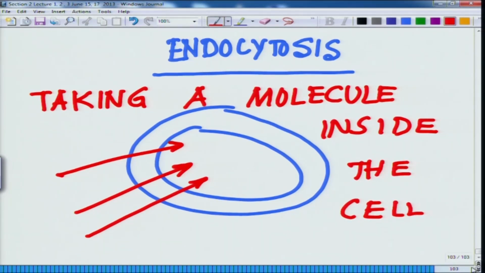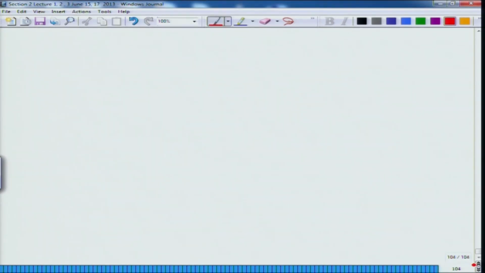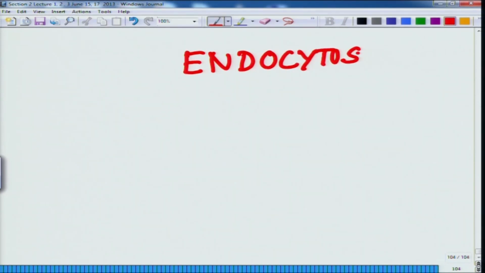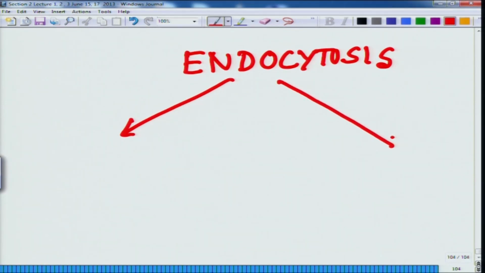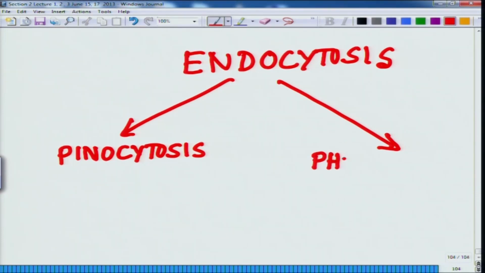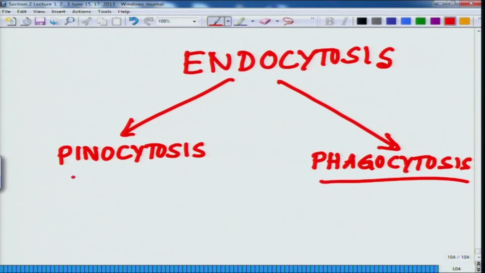Endocytosis could be of two kinds, called pinocytosis or phagocytosis. What is pinocytosis and what is phagocytosis?